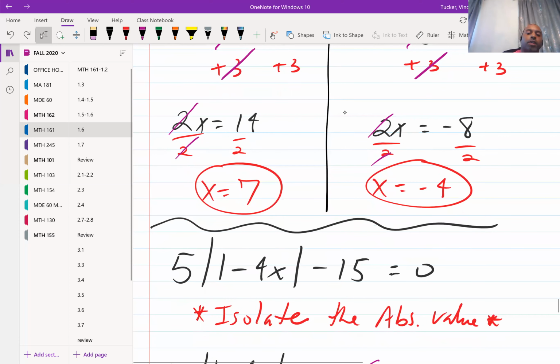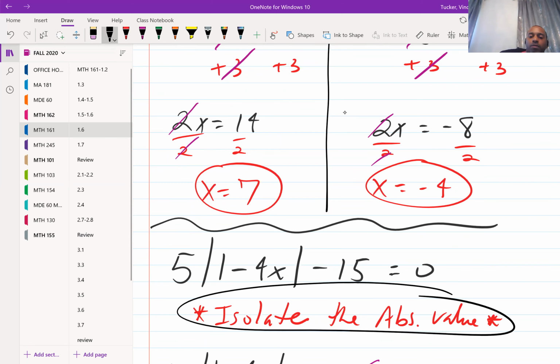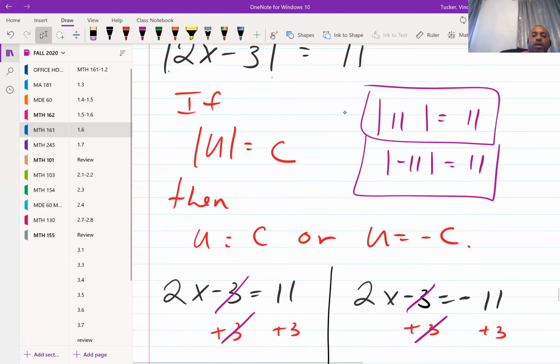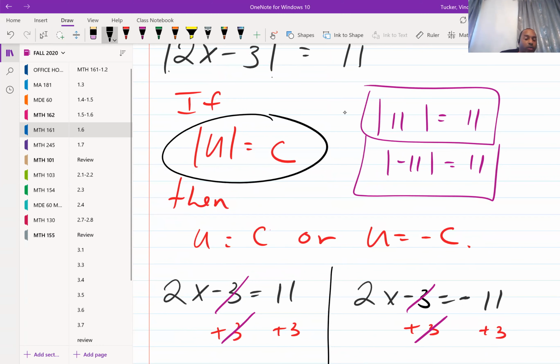All right, so here we have 5 times the absolute value of 1 minus 4x, minus 15 equal to 0. Notice the first thing we want to do here is isolate the absolute value. If you go back to our original setup, our absolute value was isolated on one side. So you had absolute value of u equal to c.